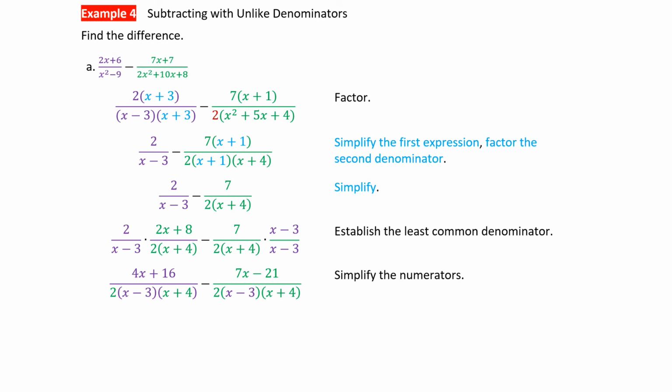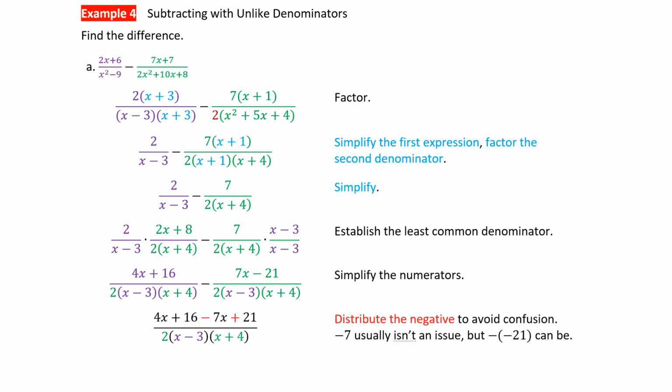Notice that our denominators are the same. And notice that we're subtracting here. I know we said from the outset, this is a subtraction problem. But I want to take the time to maybe do just one more step to try to avoid some rather simple mistakes. And that is, I want to distribute that minus sign so that we get a negative 7x, or minus 7x, and plus 21.